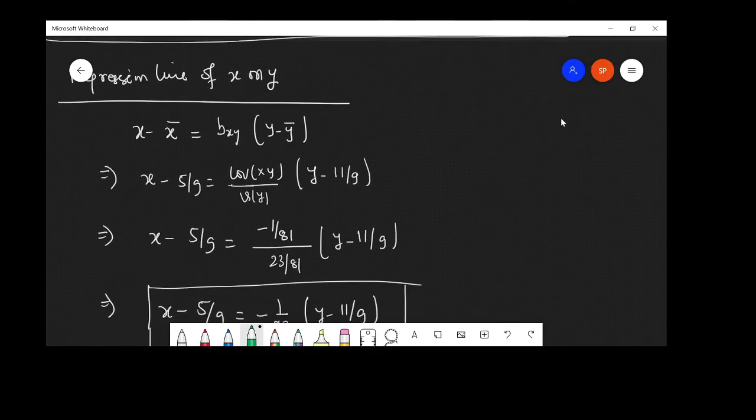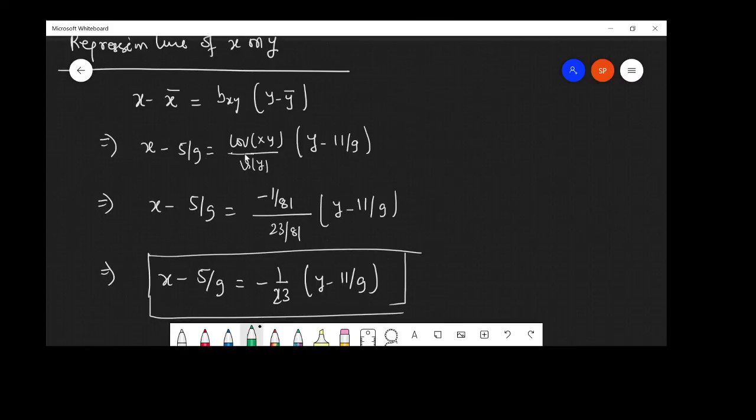Here we need to find the regression line of x on y. So we write the formula: x minus x bar is equal to bxy times (y minus y bar). Here x bar is already found before, 5 by 9. And bxy, the regression coefficient of x on y, is the covariance of xy divided by the variance of y, and y bar is 11 by 9.